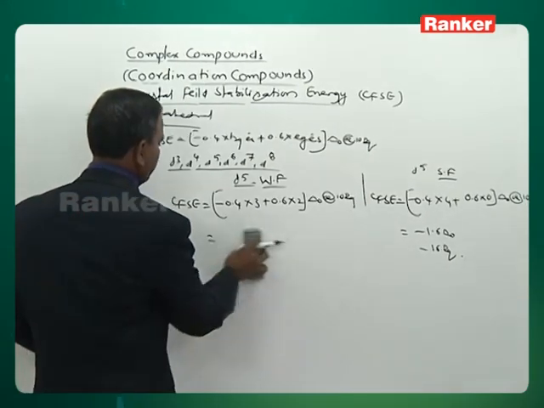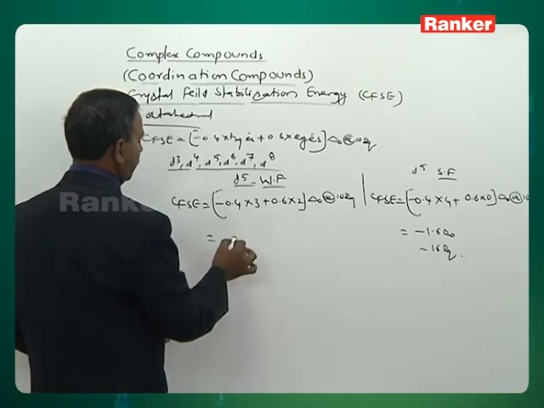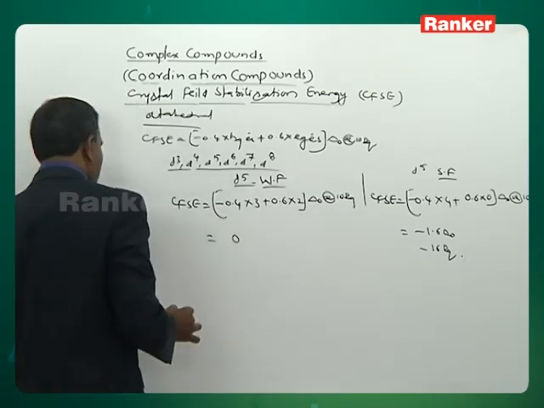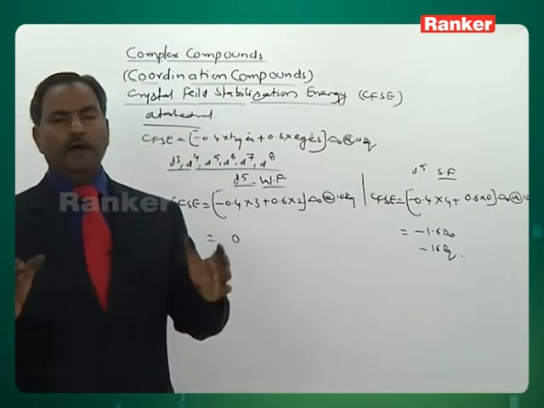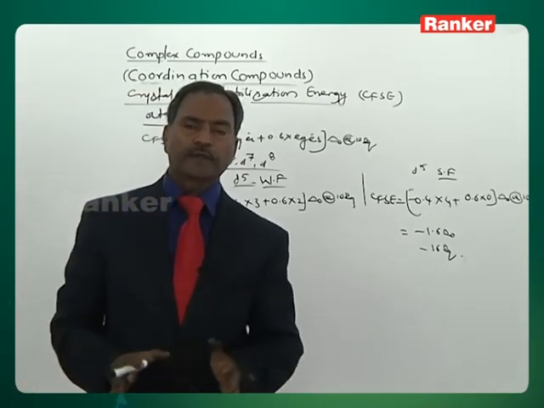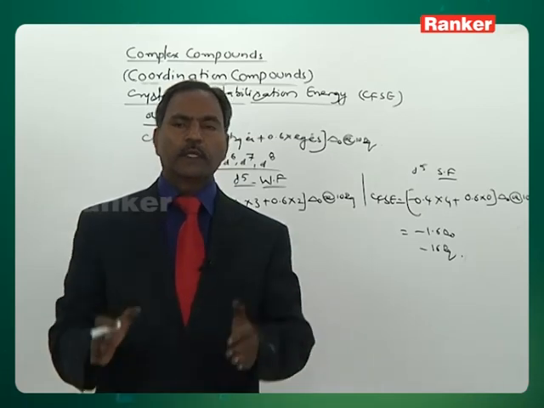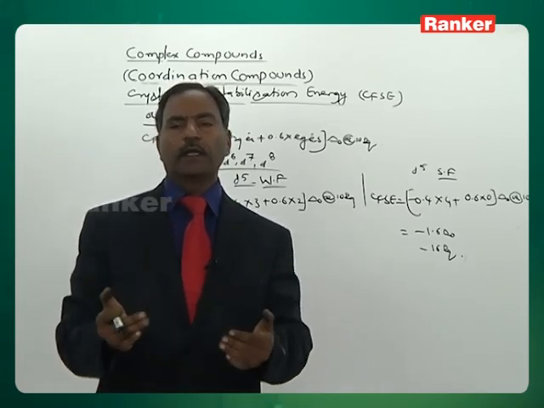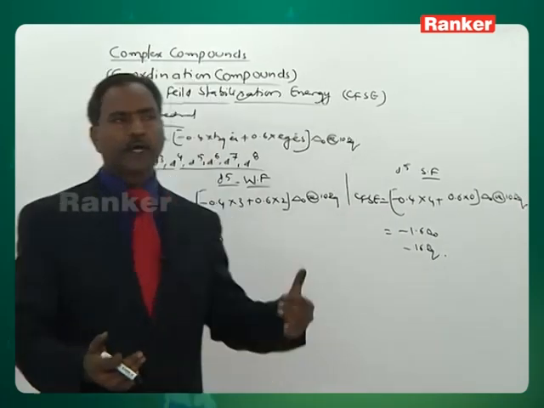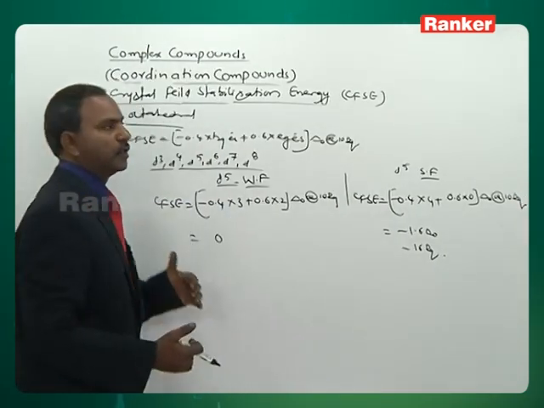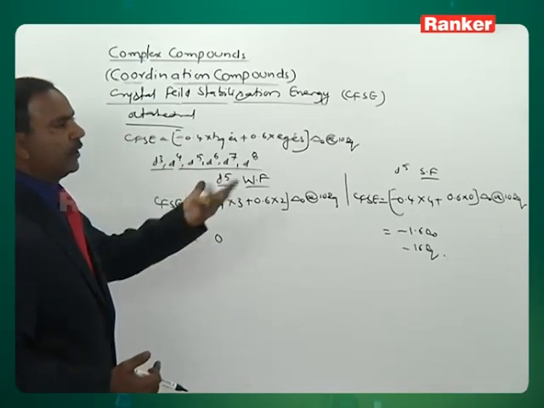So, CFSE for d5 weak field is 0. What do you understand by zero CFSE? It means the complex is not gaining any stabilization energy. The complex is not stabilized by these weak field ligands in d5.